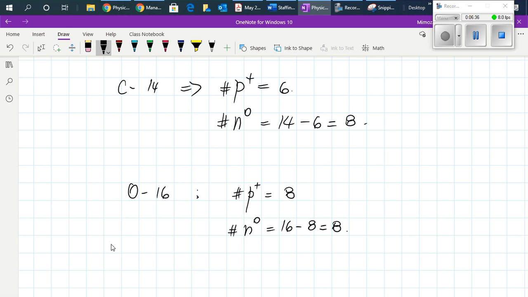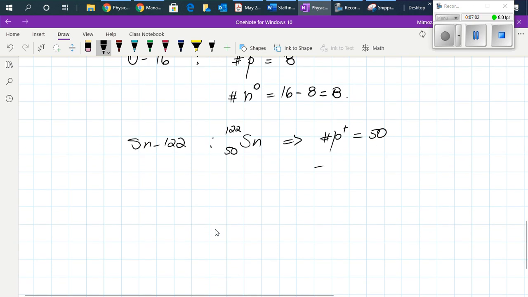And when we have, let's say, tin-122, tin is in the 50th place on the periodic table, so the way to write it is 50, 122. That means the number of protons is 50, while the number of neutrons is 122 minus 50 equals 72 neutrons.